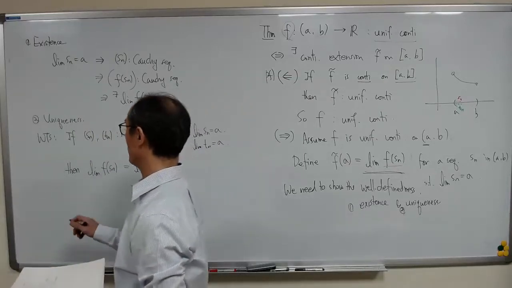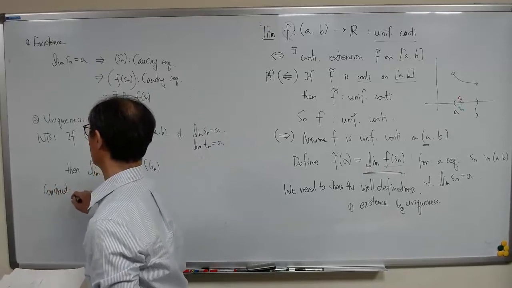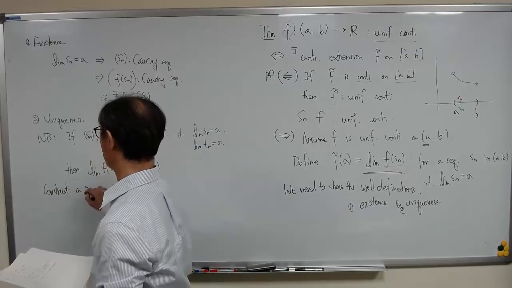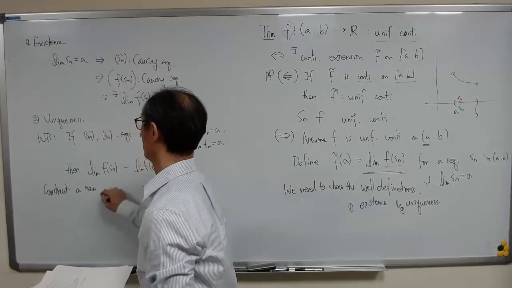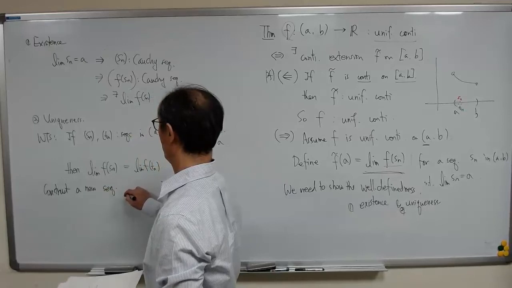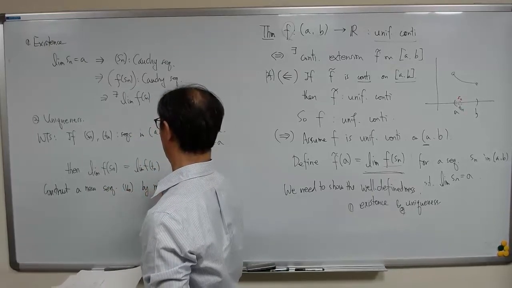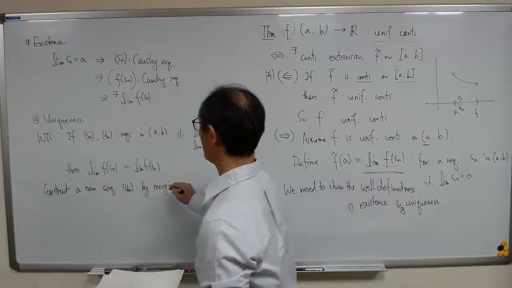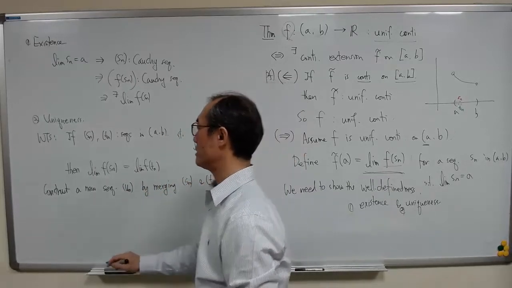Actually, you can construct a new sequence, let's say Un, by merging these two sequences, Sn and Tn.